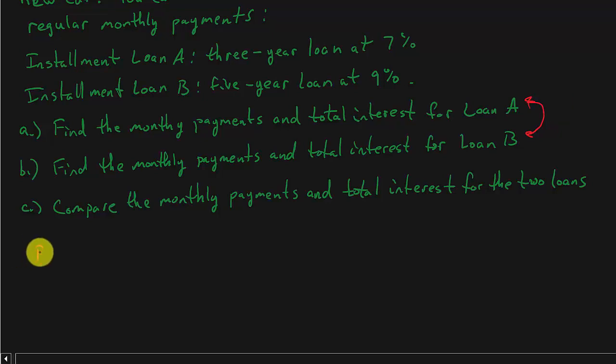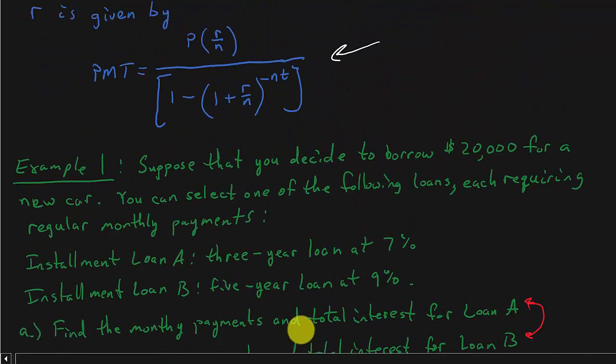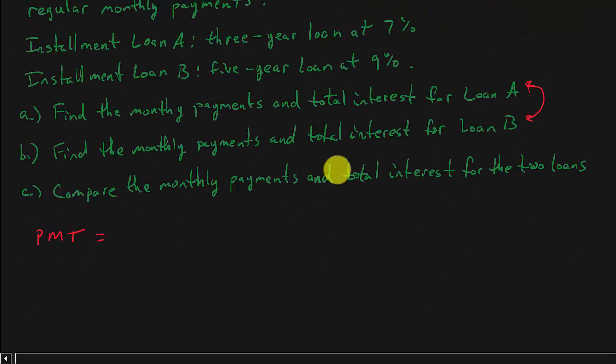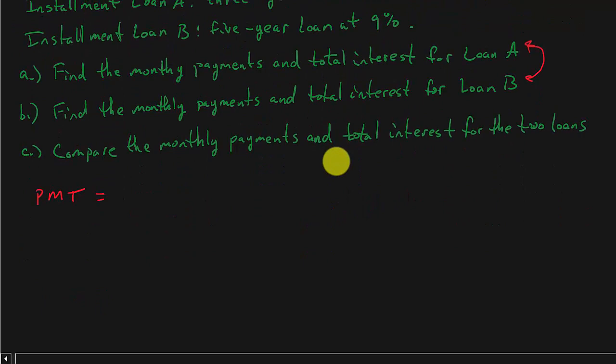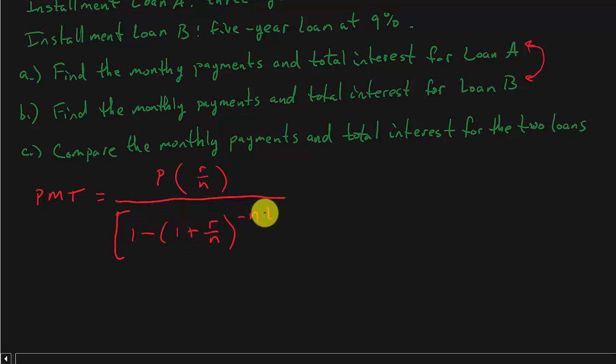So the formula is P times R over N, divided by 1 minus 1 plus R over N to the negative NT.